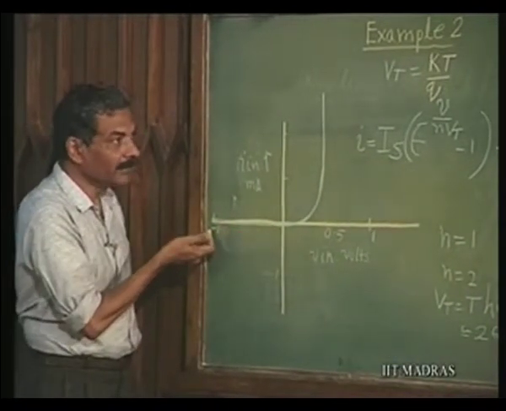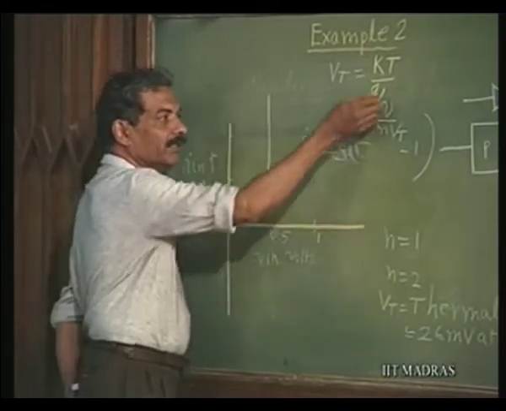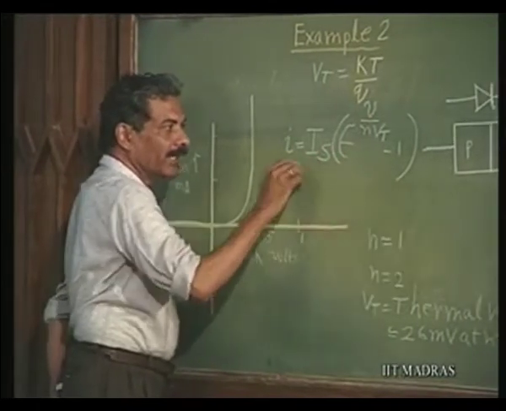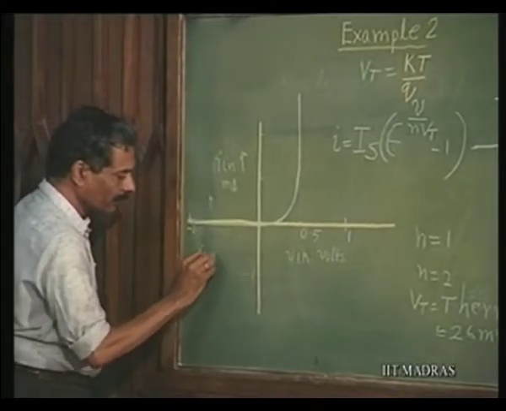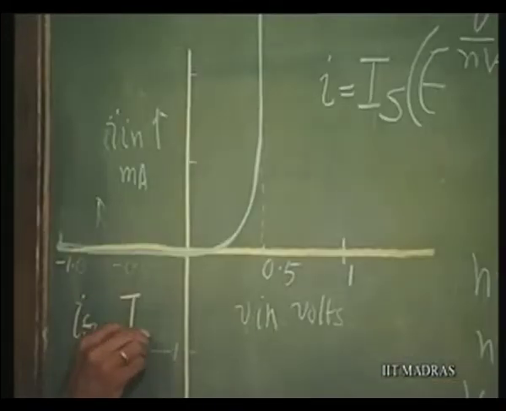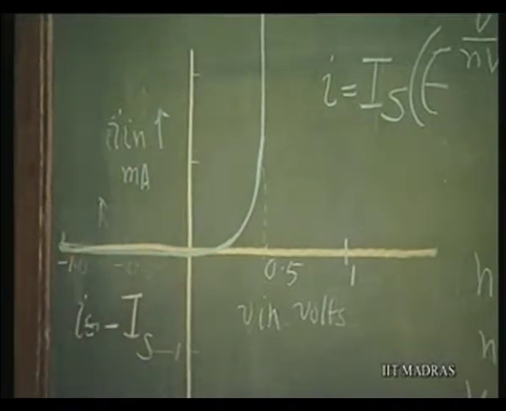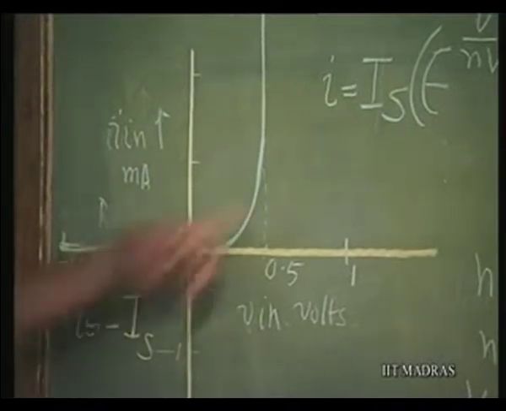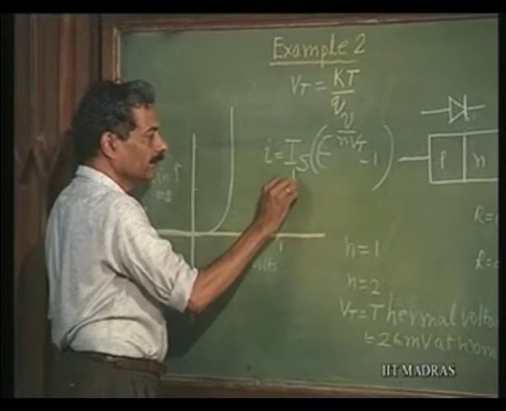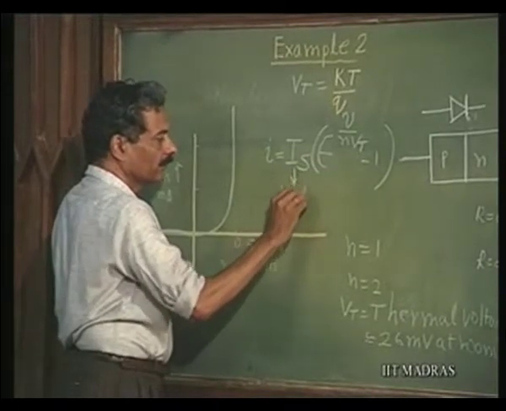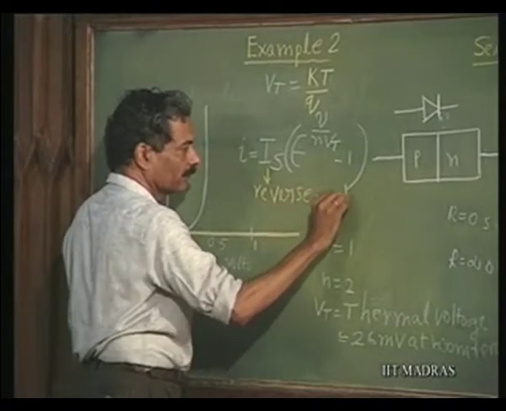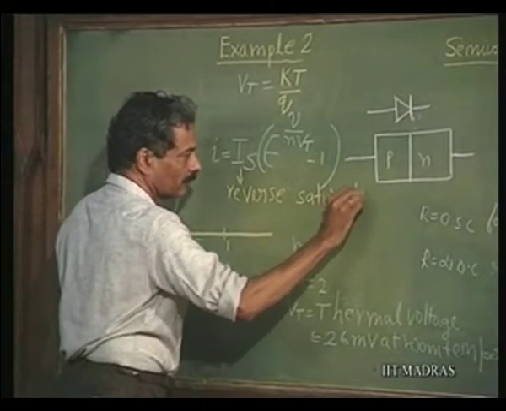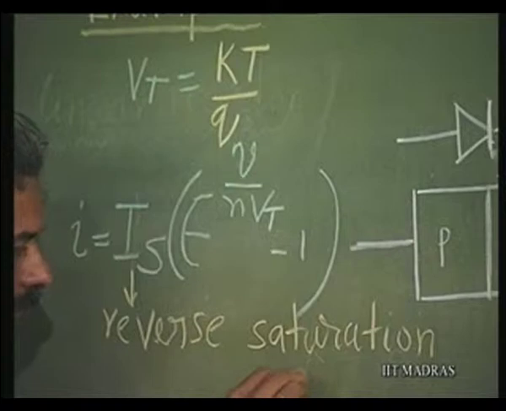If it is large, then this quantity becomes very small, goes towards 0, and the current becomes approximately equal to minus Is in this region, becomes constant. This is therefore called reverse saturation current.